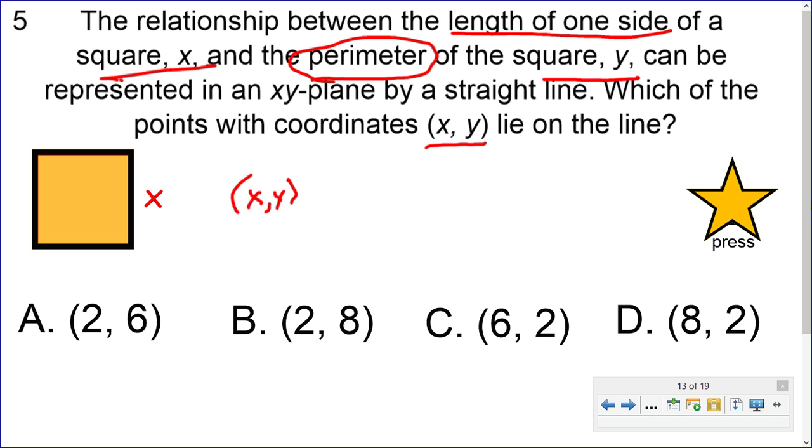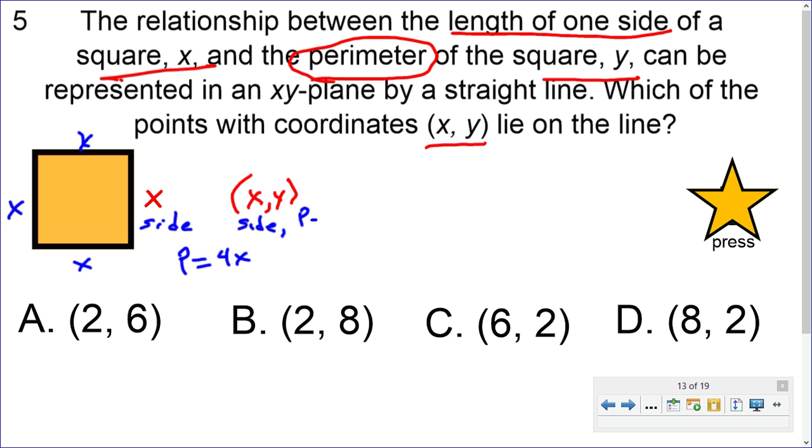The side of the square is related to the perimeter by adding up all the sides of the square. So we would add x plus x plus x plus x. That would give us a perimeter of 4x, or 4 x's.